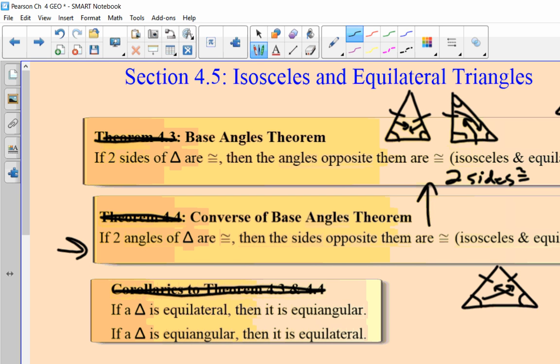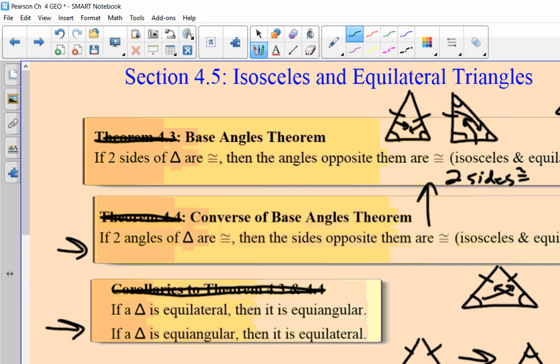This last box down here: if a triangle is equilateral, so all three sides are equal, then I can say that all the angles are equal. And so that's equiangular, okay? And then the converse of that is if all the angles in a triangle are equal, then I can say it's equilateral, all the sides are equal.